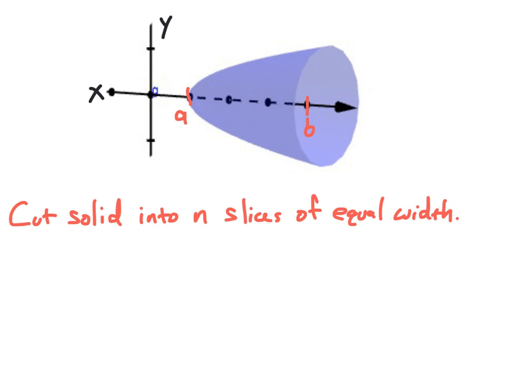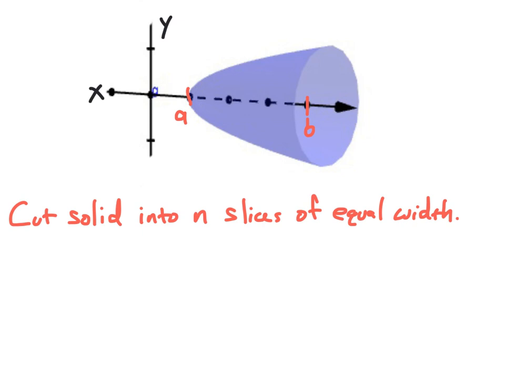Once we have the endpoints labeled, our next step is to cut the solid into n slices of equal width. And here we want n to just be an arbitrary number. Eventually, we're going to want n to be very, very large, but for now, n can be whatever number we like.